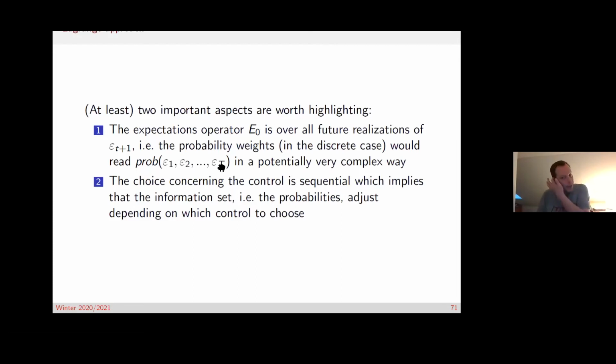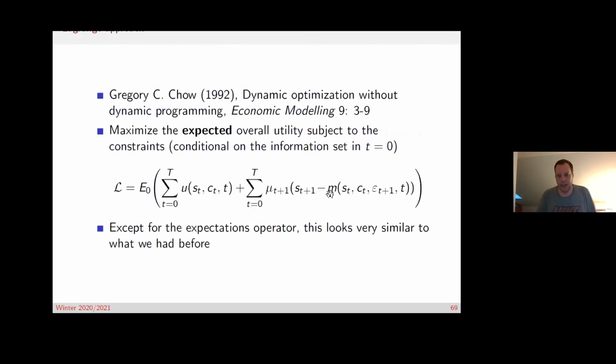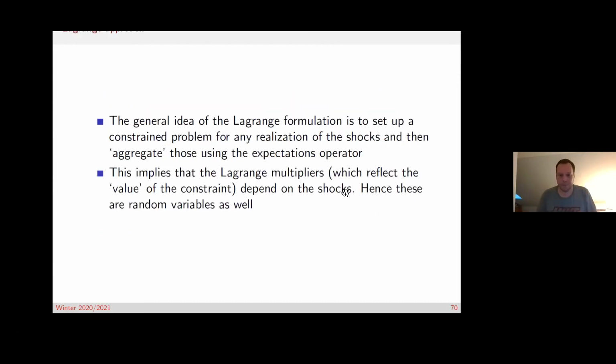I'm not sure whether this is a good notation, because here it's the random variable. No, it's not. I'm sorry, my fault.